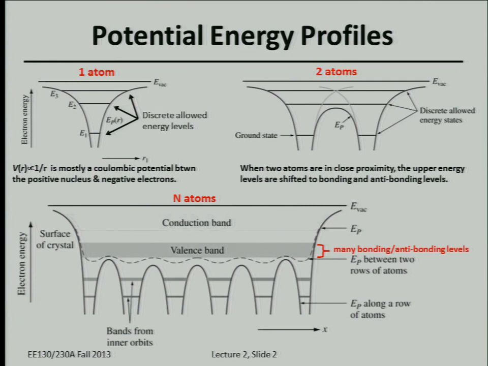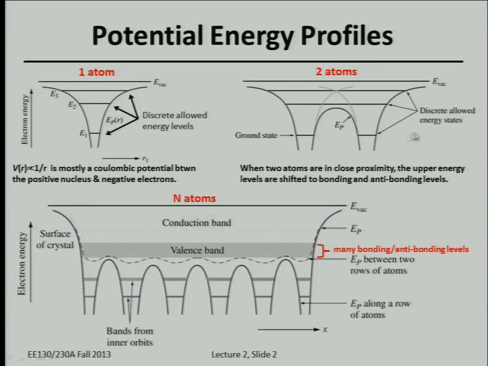It's really the uppermost allowed energy levels that get affected first, most easily, because the electrons that are least tightly bound to the nucleus have energy levels that are affected more easily by atoms that are getting close. Okay, so that's the idea for the upper right picture there.